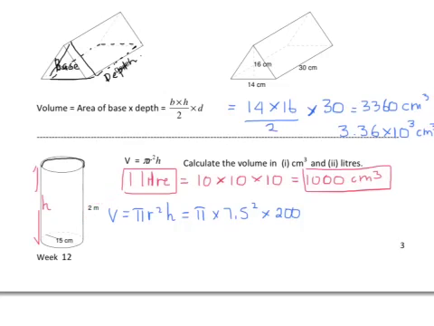But I'm finding the volume in centimetres cubed, so I need to change metres to centimetres, because I can only multiply centimetres by centimetres, not by metres. So now I'm going to put that into the calculator, and I'll have 35,343 centimetres cubed.